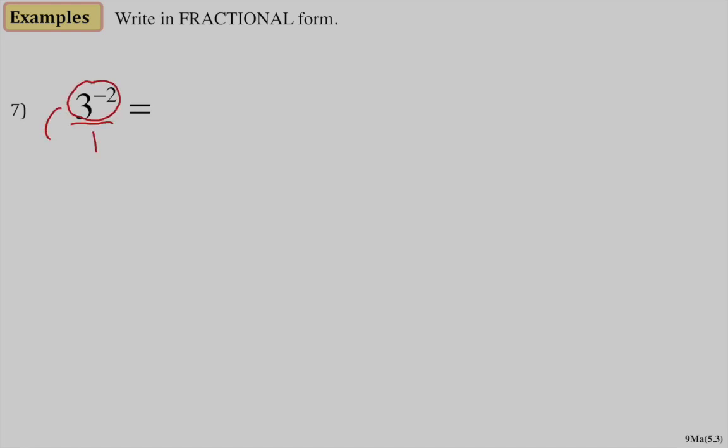Move that across the fraction line because we want to write this in fractional form. And you'll get 1 over 3 squared. Because 3 to the power of minus 2, when you move it across the fraction line, the 3 stays the same, but the power changes from minus 2 to plus 2. And 1 over 3 squared is actually just 1 over 9, if we actually simplify it down.